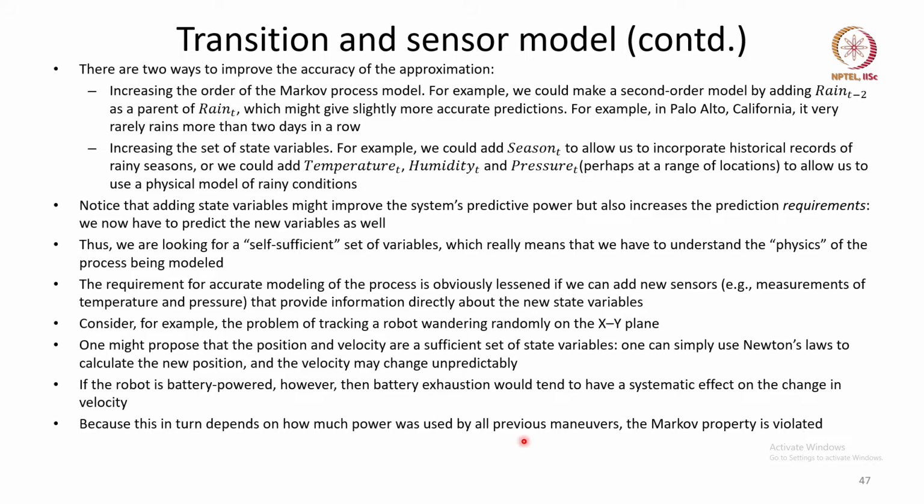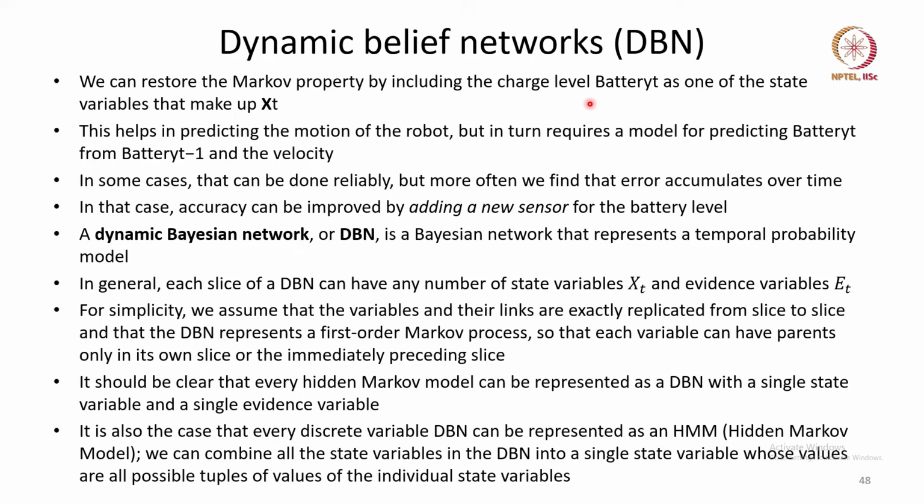So you may have to take such variables also into account, right? So what you can do is include the battery level at time t, which will tell you how much charge the battery has, as one of the variables. Because instead of assuming that the battery has the power and the robot can move forward, you can also check what is the charge of the battery, right? And this charge of the battery depends on the previous battery, so battery at t minus 1, and on the velocity. Okay.